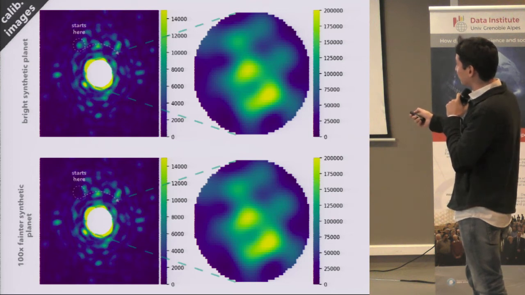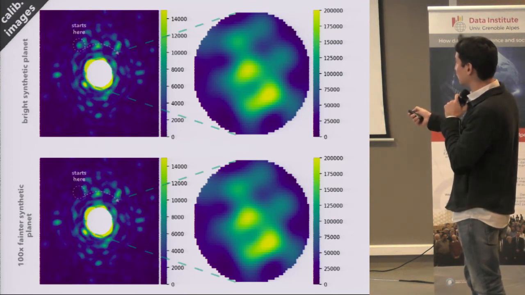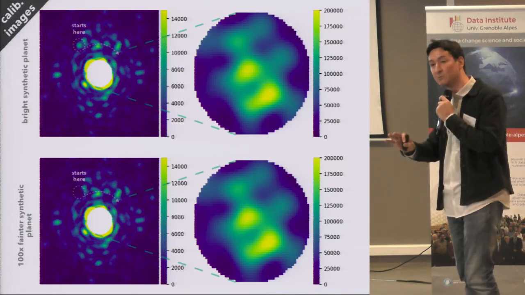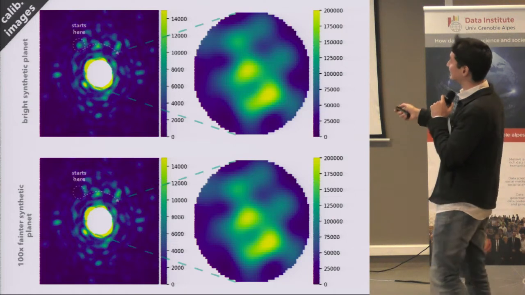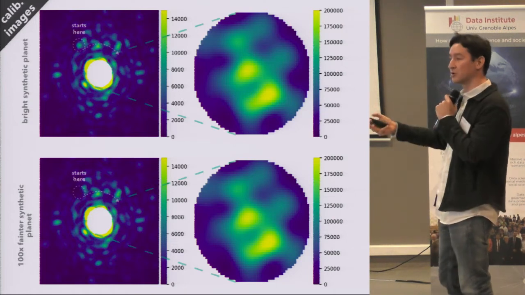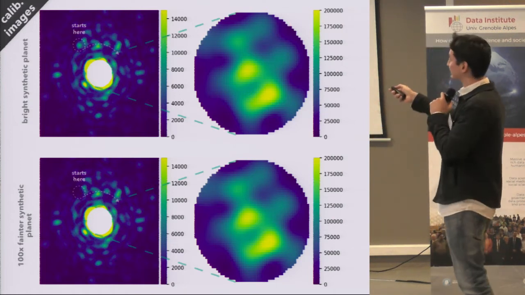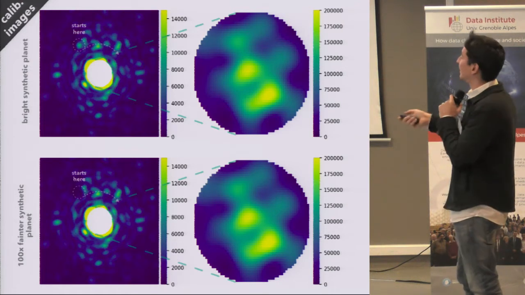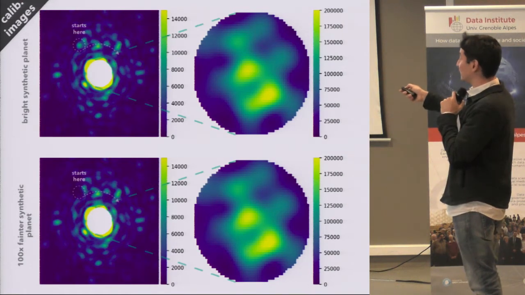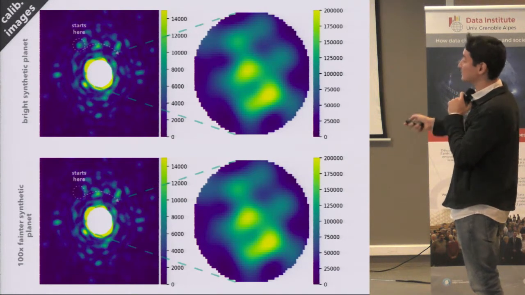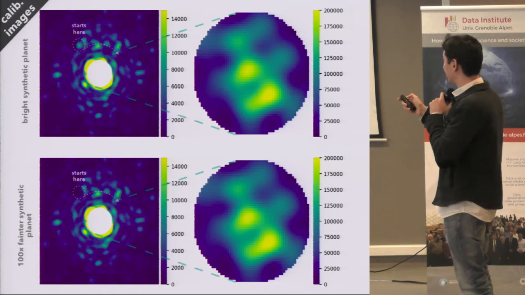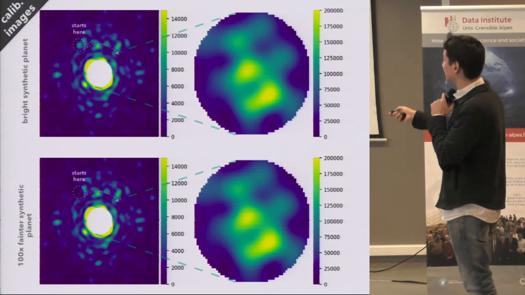It will start moving in this circular pattern, which is not the Keplerian motion, not the physical rotation of the planet around the star. This is due to the way we observe with the telescope, caused by the rotation of the Earth. But it introduces variability. You also see these spots, and this is called speckle noise. So let's take a look.